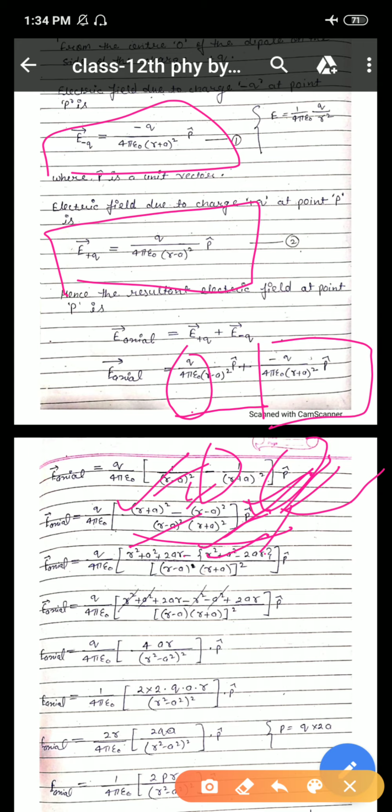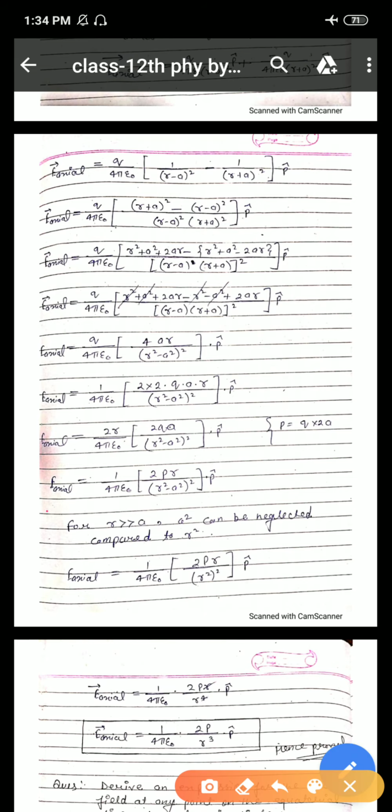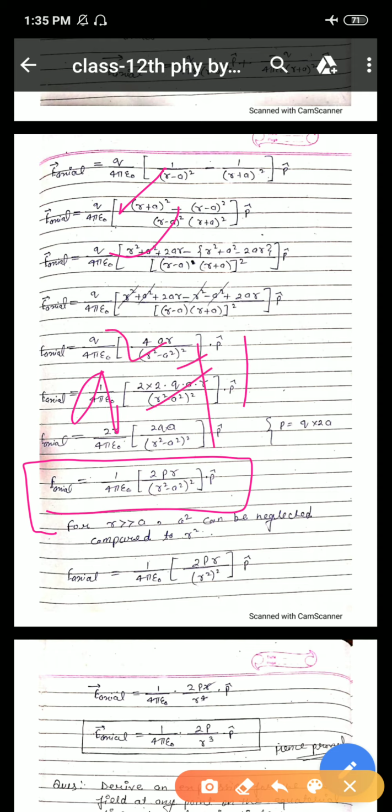Is it clear? So after solving this, we get this one. Simple simplification: r plus a whole square we can open using the formula a square plus b square plus 2ab.